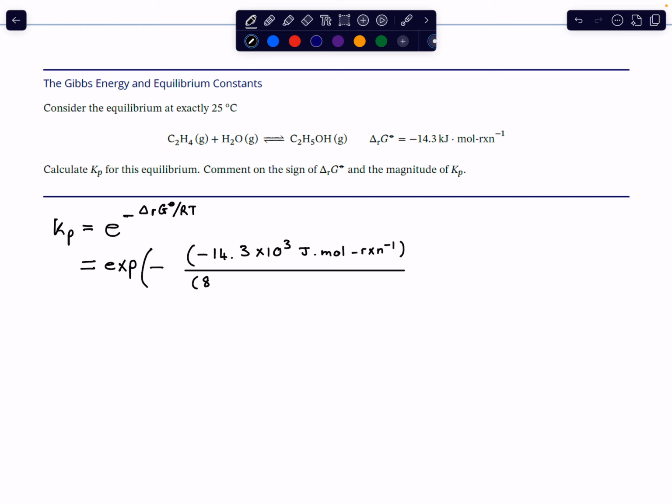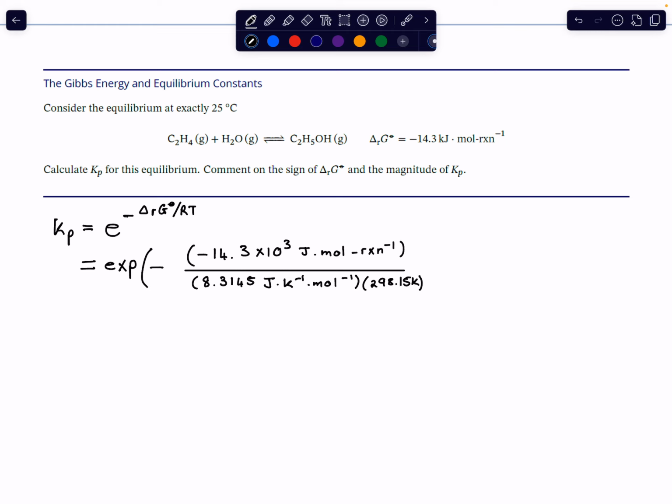So R is 8.3145 joule per Kelvin per mole reaction. This is the only time you're actually allowed just to ignore this whole mole reaction thing. You're actually always just allowed to ignore it, but I'm a difficult person, so that's why you're not allowed to ignore it.